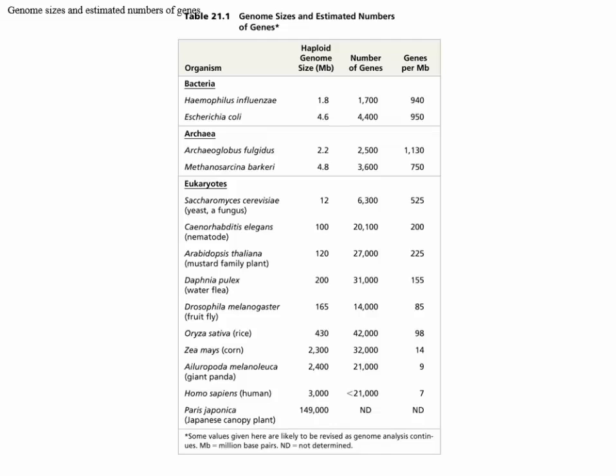Then you proceed from there and you see that the nematode has 20,000 genes, and then we go down to Homo sapiens, and what do we see? Less than 21,000 genes. So we're no better in gene number than a lowly earthworm.